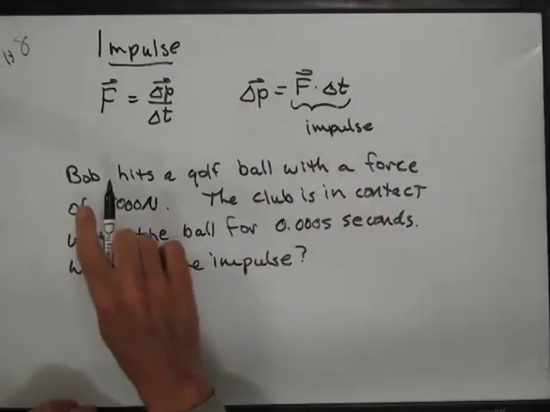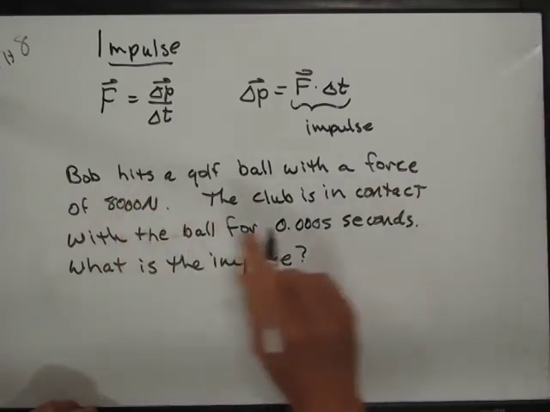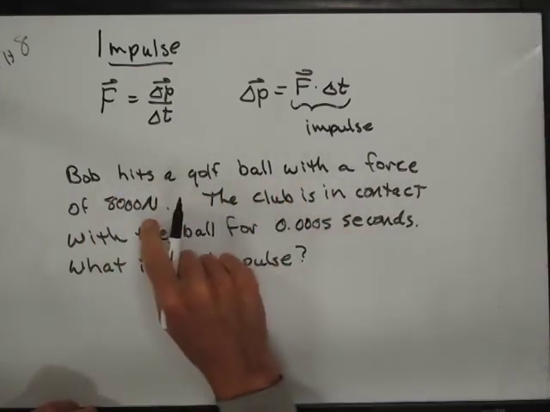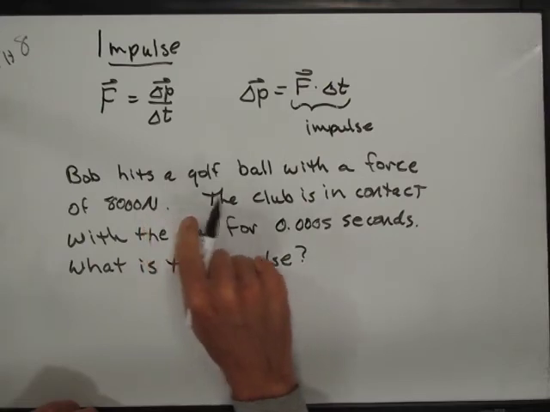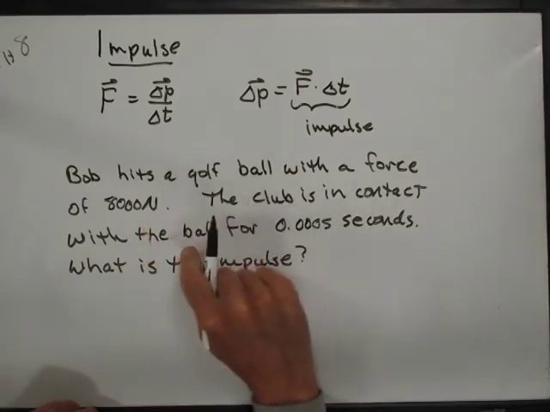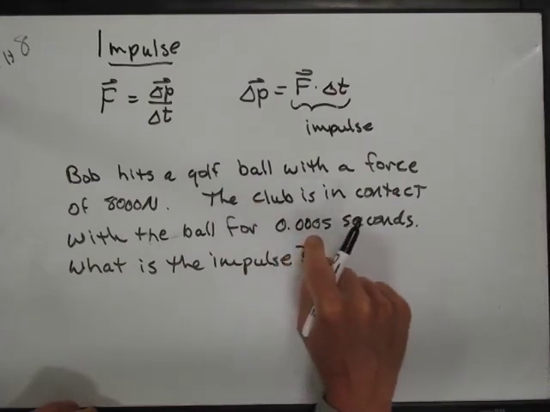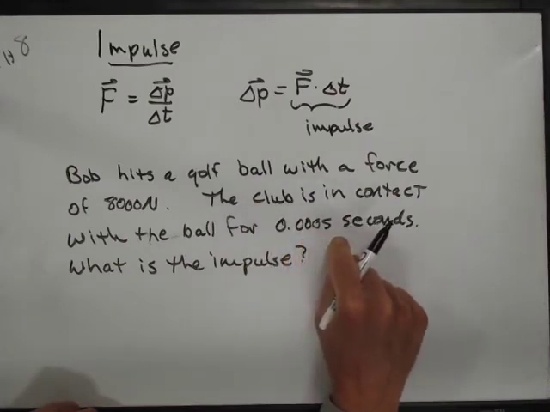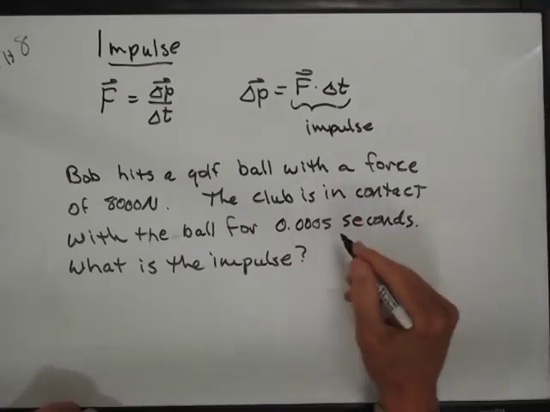We can say, look, Bob hits a golf ball with a force of 8,000 newtons. That's a typical club force on the ball during the collision. The club is in contact with the ball for 0.0005 seconds. That's a typical number. So it's like half of 1,000th of a second, right? It's 5/10,000ths of a second.